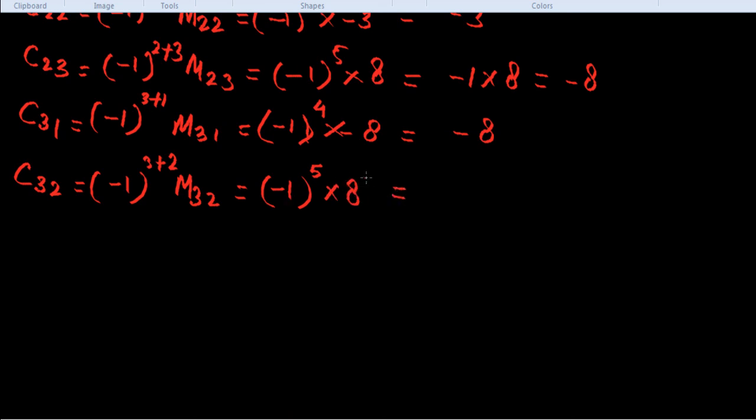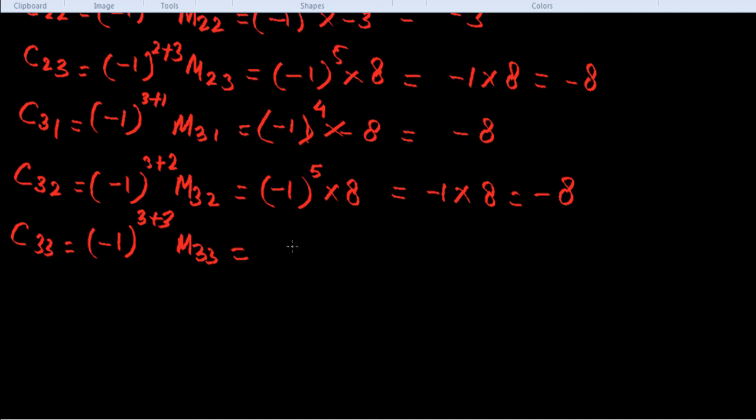It is odd power, so minus 1 into 8 is minus 8. And C33, the last cofactor of this 3-order matrix, is 3 plus 3 M33. So we get minus 1 power 6, and this value is also 8. Okay, so we have got the cofactors.